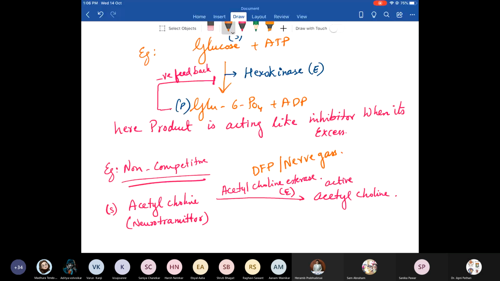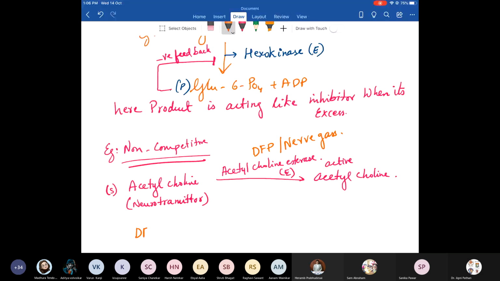First write down, I'll explain how it works. DFP full form is diisopropyl fluorophosphate.